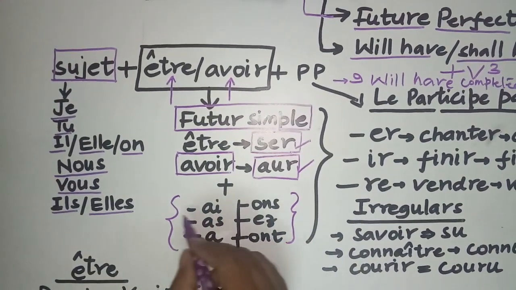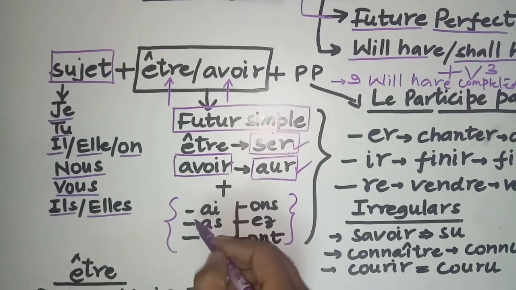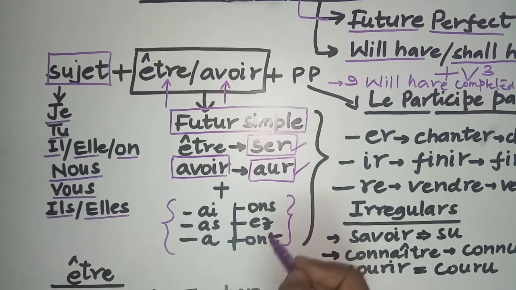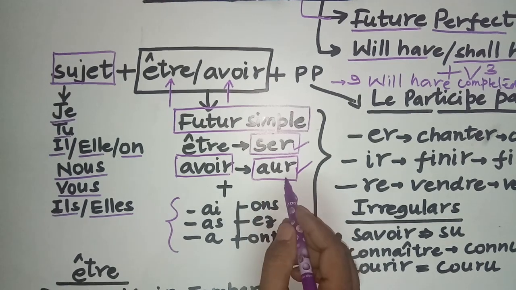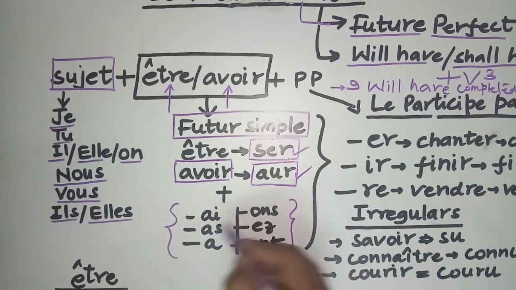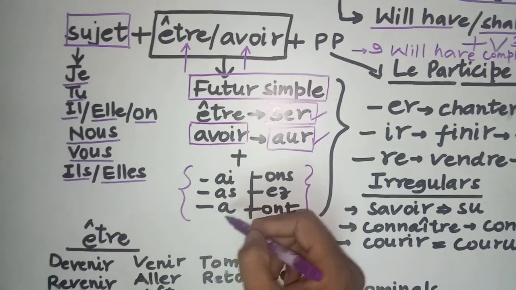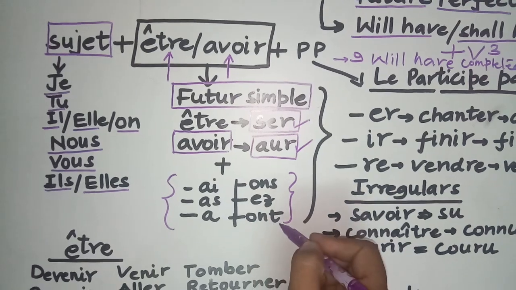You have to add them as per the subject pronouns. So you can add with ser: ai, as, a, ons, ez, ont. Similarly, you can add with aur also. It can be aur plus ai, aur plus as, aura, aurons, aurez, auront.